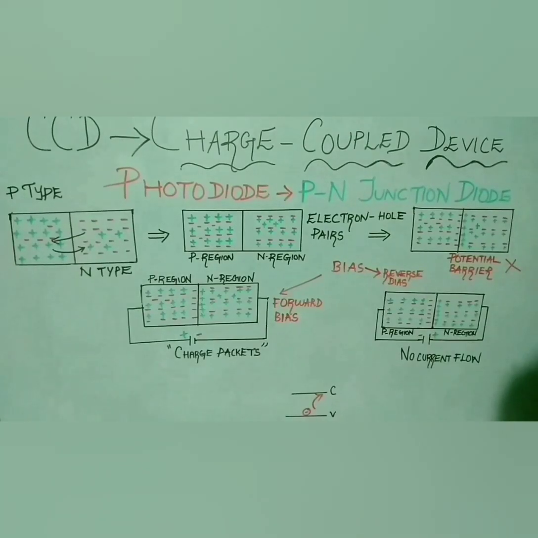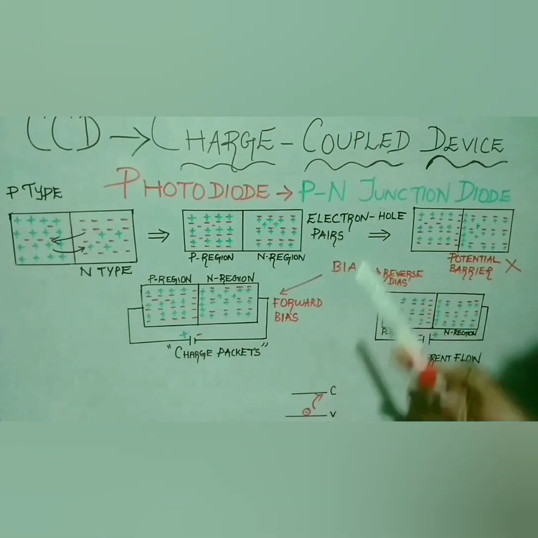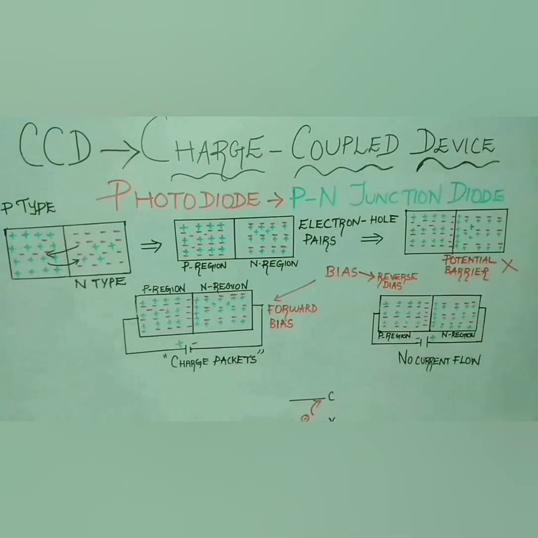As we already know, when electrons leave the valence band for the conduction band, electrical current is created. Now, how is this electrical current created with the help of a photodiode in a CCD assembly, or how is a charge packet created in each pixel with the help of a photodiode?